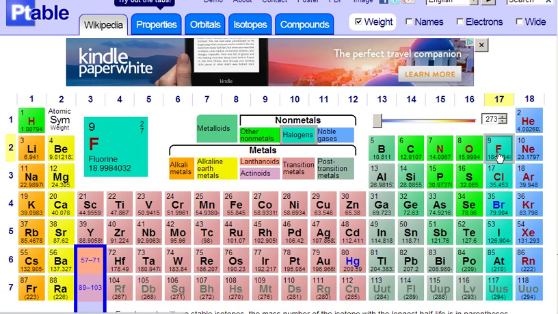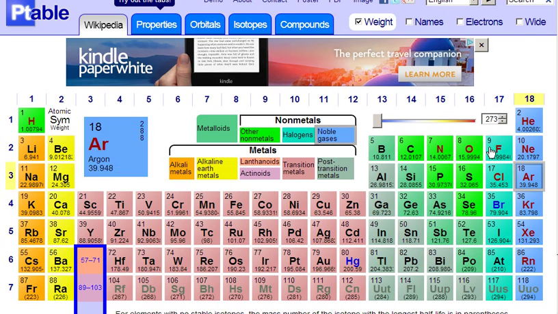Neutral, same number of protons as electrons, so it has to have 9 electrons to balance the plus 9 charge from the nucleus. If I want a system that has a fluorine nucleus with 9 protons and 10 total electrons, that means I would have an extra electron, so the overall charge would be minus. It would be an anion, fluoride, so it's going to be F minus.